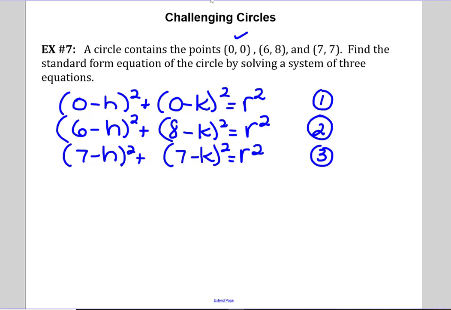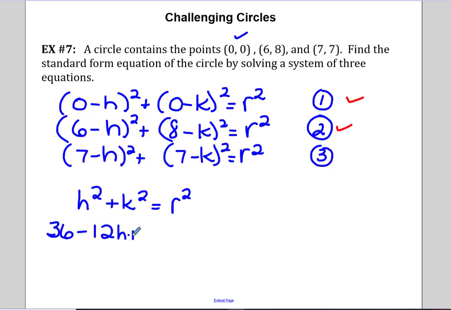Looking at just this first equation, if you expand all of this, we're seeing h squared plus k squared equals r squared.